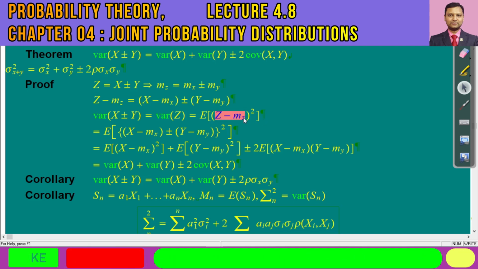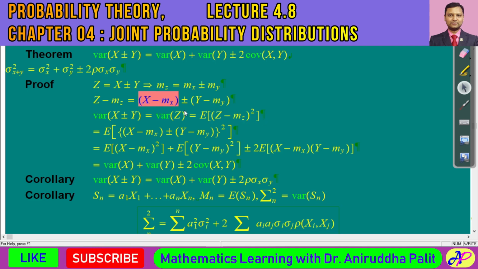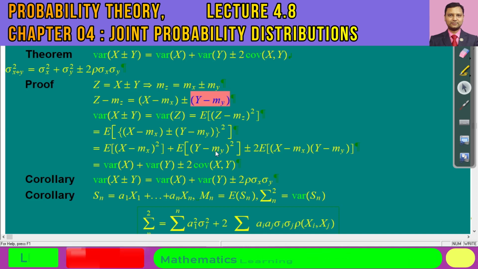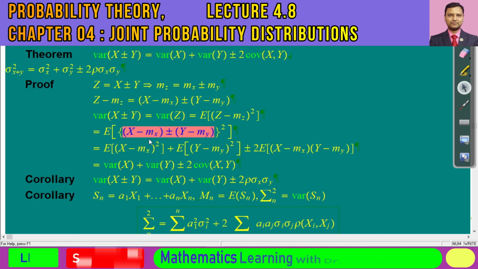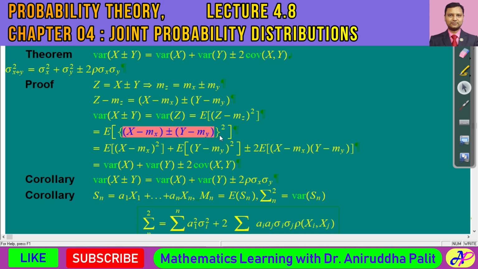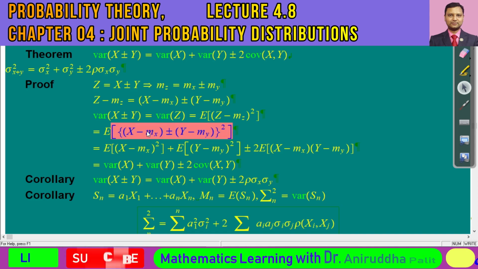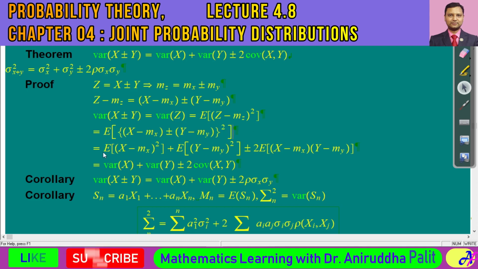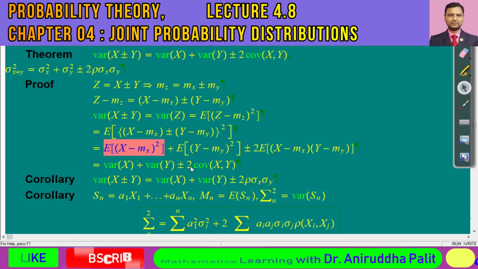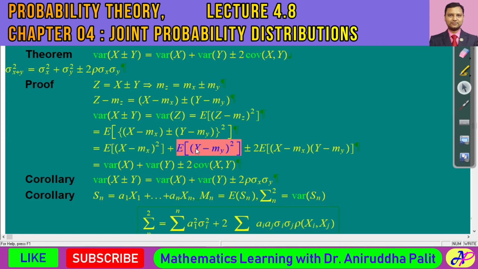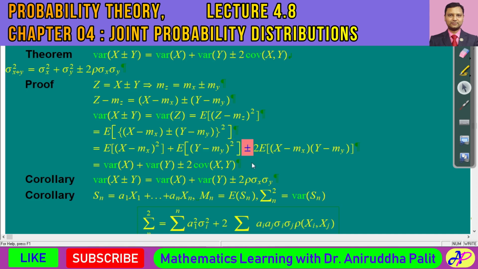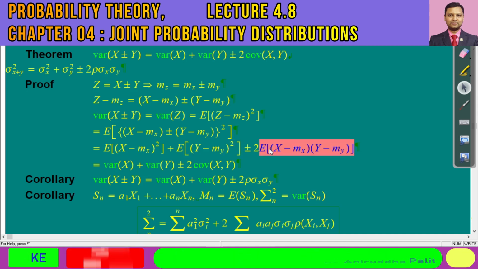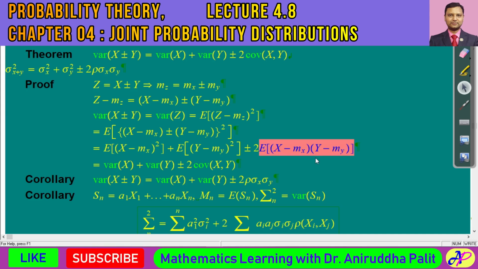In place of z minus m of z, we put the expression x minus mx plus minus y minus my, whole square. The expectation of this total quantity can be expanded as the expectation of x minus mx whole square, plus the expectation of y minus my whole square, plus minus 2 into the expectation of x minus mx into y minus my.